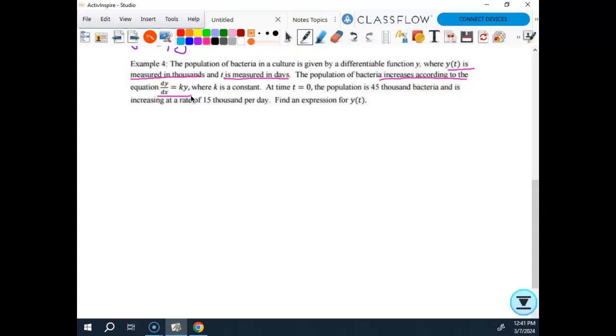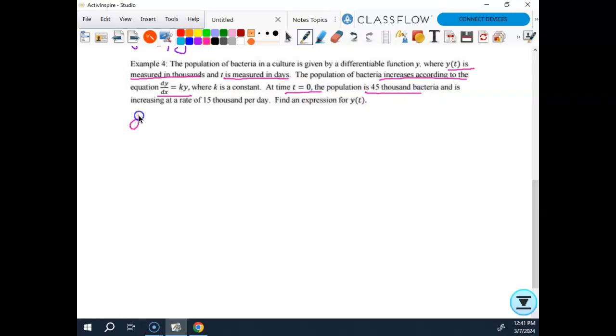This time it didn't say that the rate of change of the population is proportional, but that's what this means. The rate of change of the bacteria is proportional to the y value, where k is the constant. At time t equals 0, the population is 45,000 bacteria.